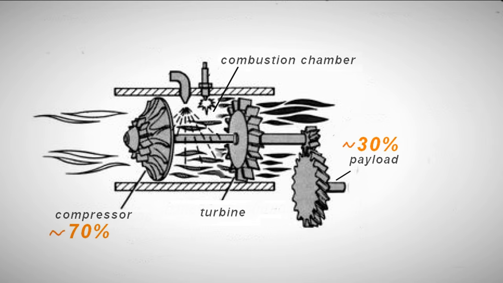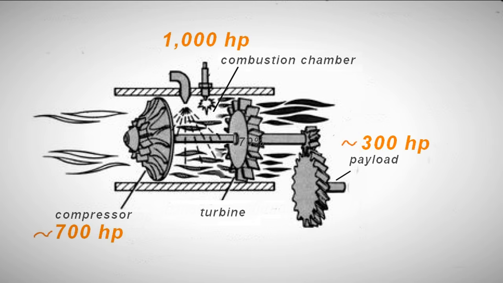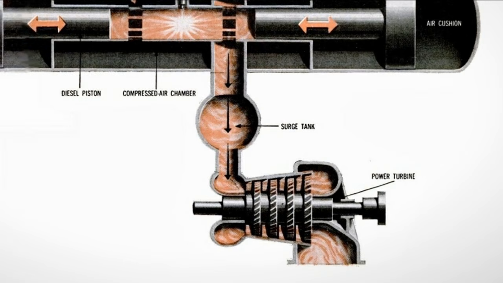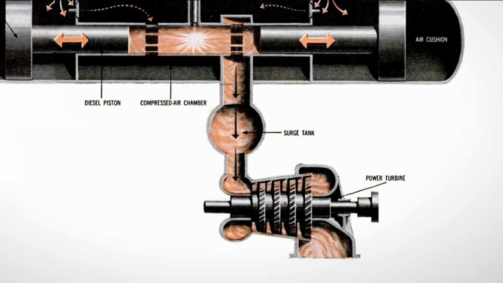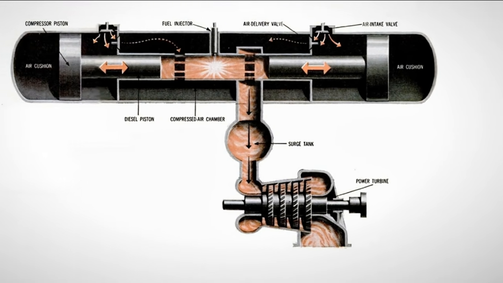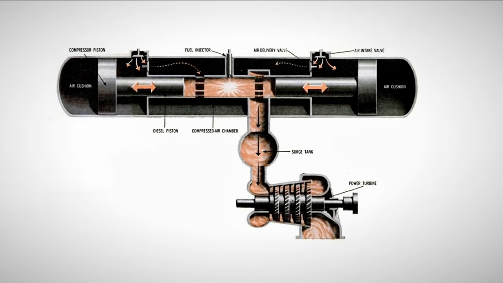If the turbine has a capacity of 1,000 horsepower, only 300 of this goes to the driven unit and 700 to the compressor itself. In a free-piston gas turbine unit, the compressor and turbine are two separate units, so the turbine's power is used only to drive the payload, and its size can be significantly reduced.